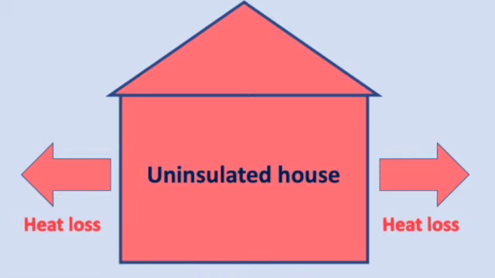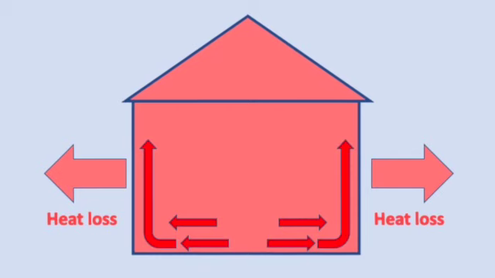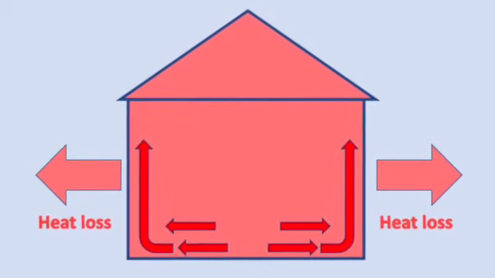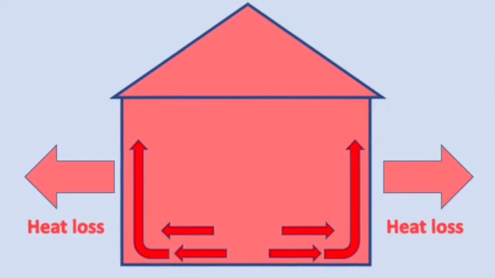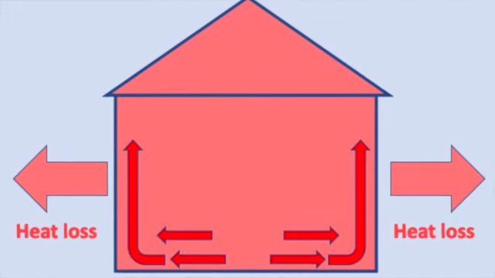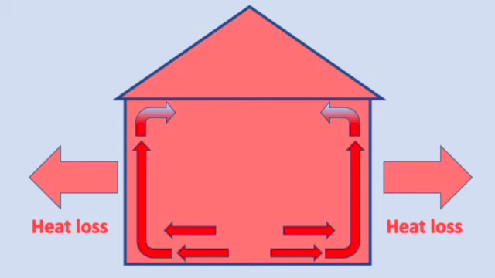So this initial part of our experiment has helped illustrate several things. It shows how in a house, warm air will naturally move towards the coldest surfaces, for example, cold walls and windows, and will then rise up these cold surfaces, but at the same time get rapidly chilled. Then once this air reaches the ceiling, it's pushed out of the way by further warm air rising up from beneath.